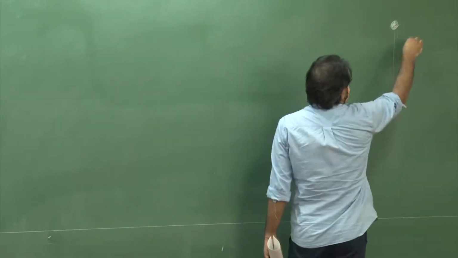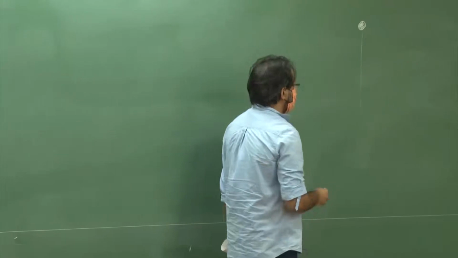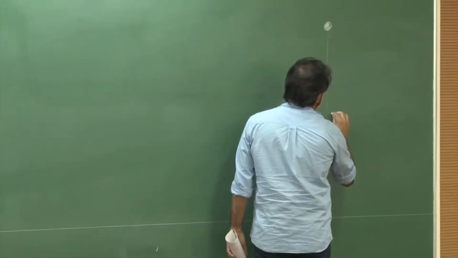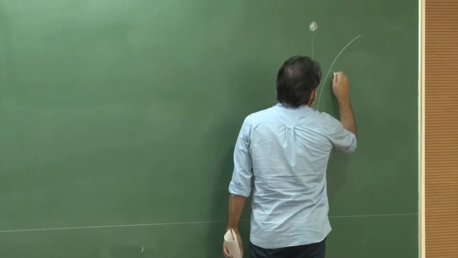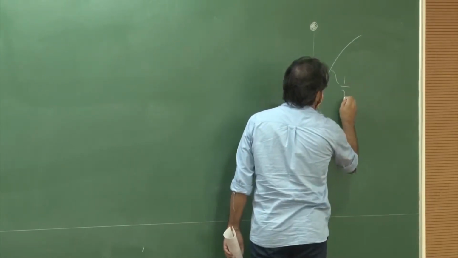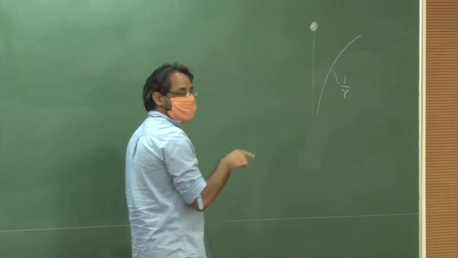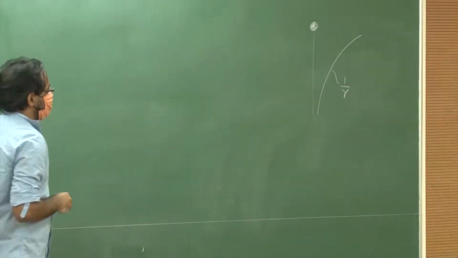So the electron sees a potential, and that potential that it sees can be drawn like this. This is the 1 by r potential that the electron sees when it is orbiting around the nucleus, right? That's the potential it sees.